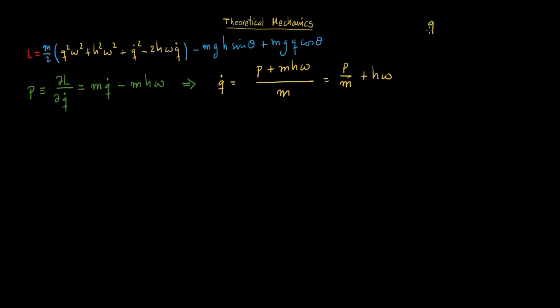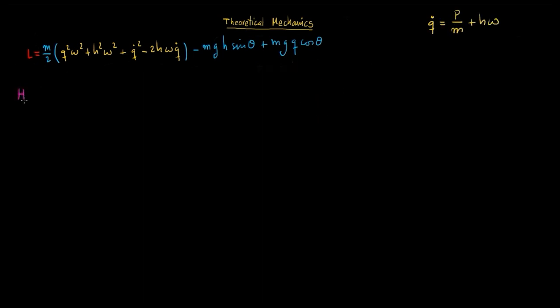From here we can isolate q dot, which is P plus m h omega divided by m, equals P over m plus h omega. Okay, the Hamiltonian, as you know, is equal to P times q dot, if we are in one dimension, minus the Lagrangian.